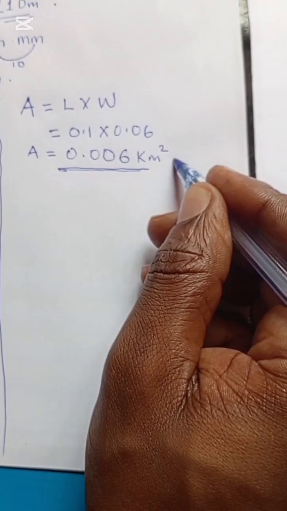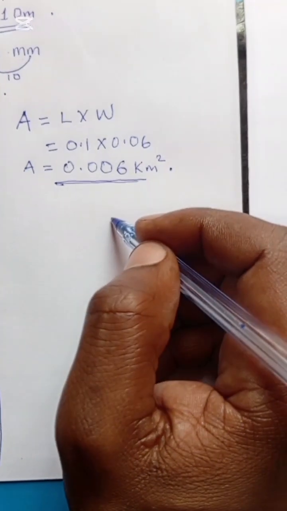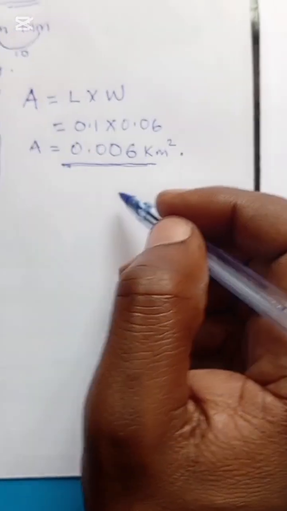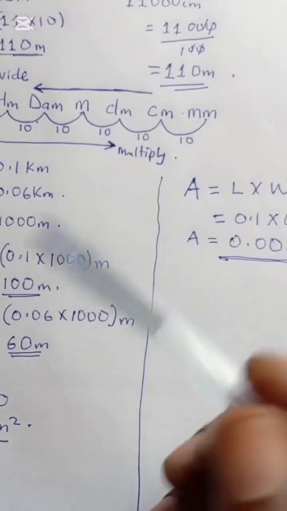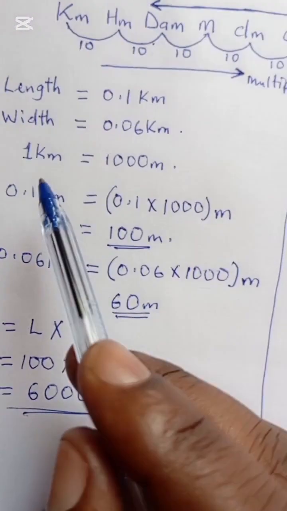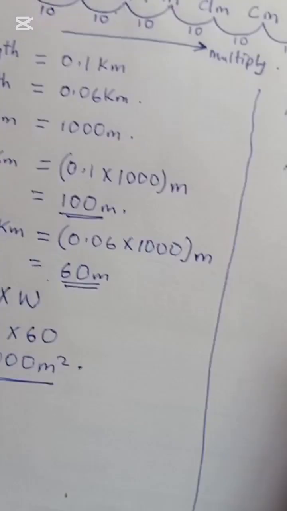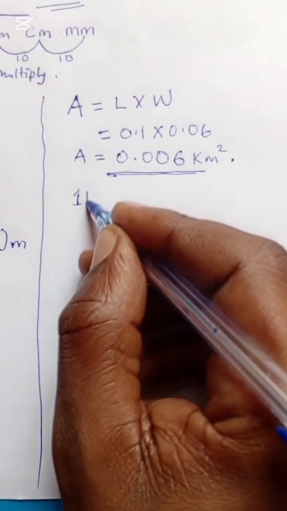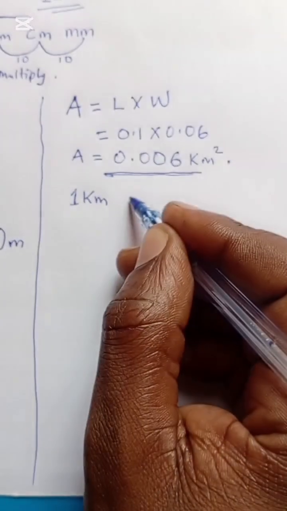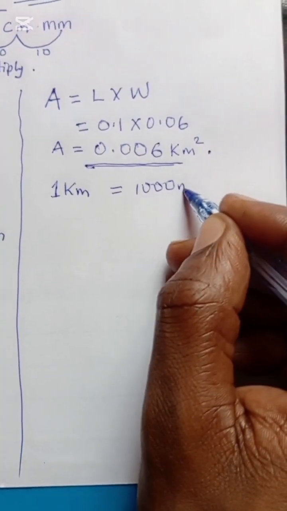Now, if you have reached this stage and they want you to get the area in square meters, you still use the same way of converting, but you are going to relate from here. Now, I know very well that 1 kilometer is equal to 1,000 meters.